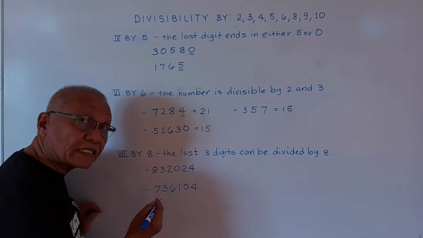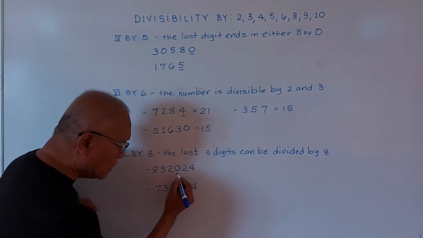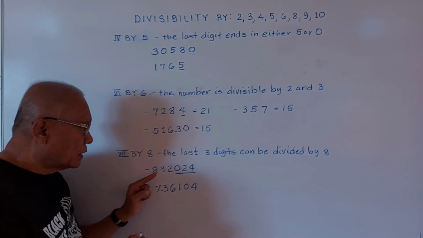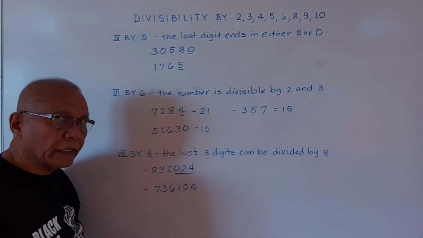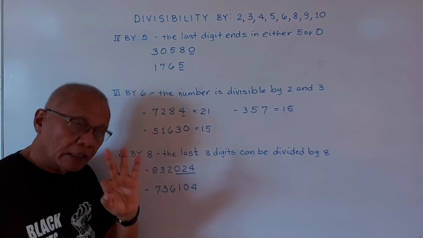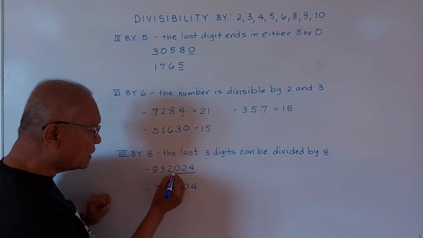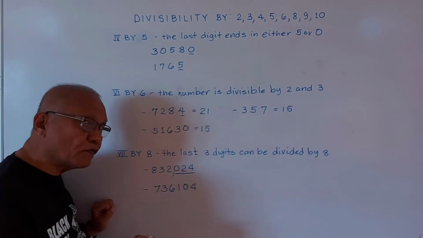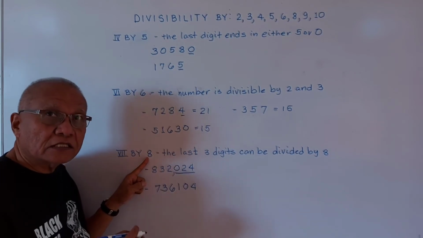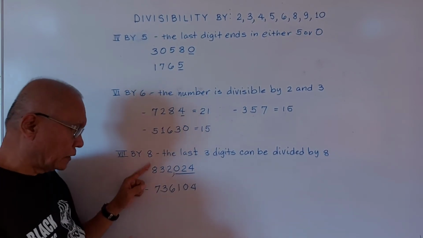So here, the last 3 digits here is 024. If we divide 024 by 8, the answer is exactly 3. If that is exact, then this 832,024 can be divided by 8, or it is divisible by 8.